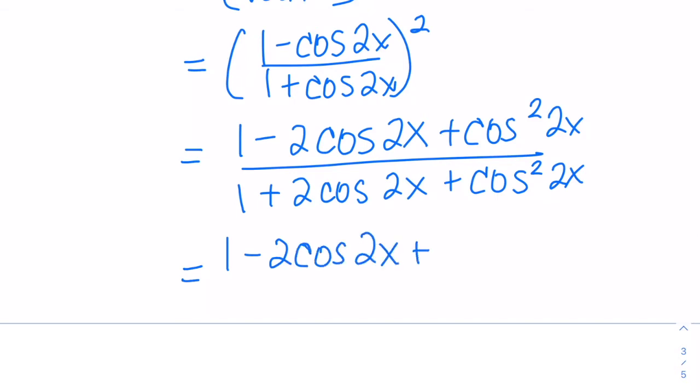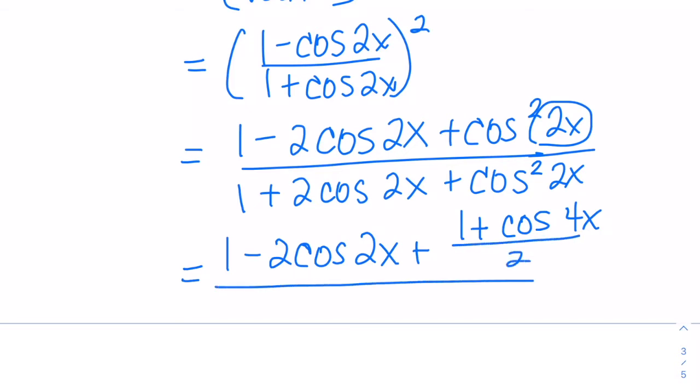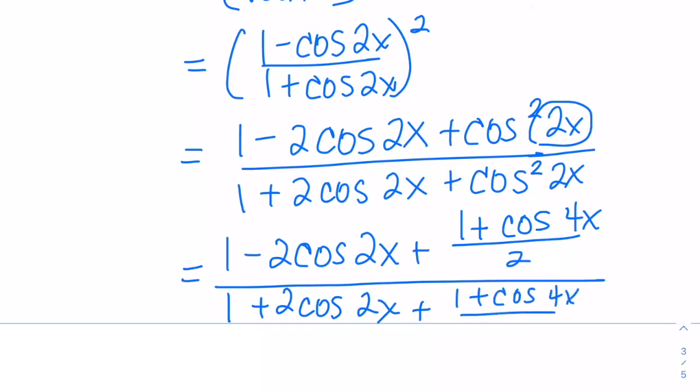But the squared becomes 1 plus cosine of 4x. Remember, we're taking that measure and doubling it, over 2. So we're making a complex fraction here. And we have 1 plus 2 cosine of 2x, and that's 1 plus cosine of 4x over 2.